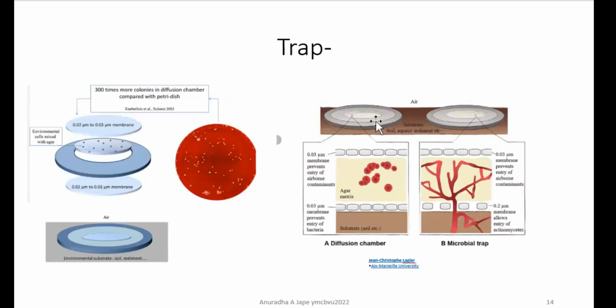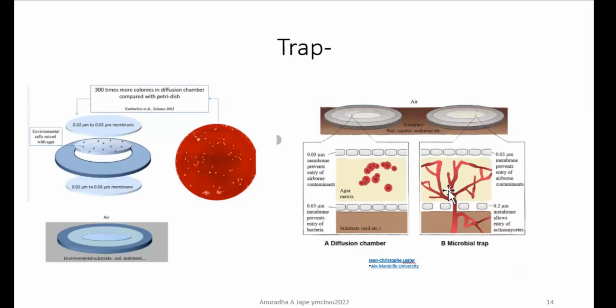So here an attempt is made to compare the performance of two different approaches to grow the unculturable bacteria. One is diffusion chamber and another is microbial trap. So when the growth is seen in the diffusion chamber gel, on the top of the gel in the diffusion chamber, it was picked up and transferred onto the Petri plate, and what you get in the agar matrix, a few colonies of the bacteria.